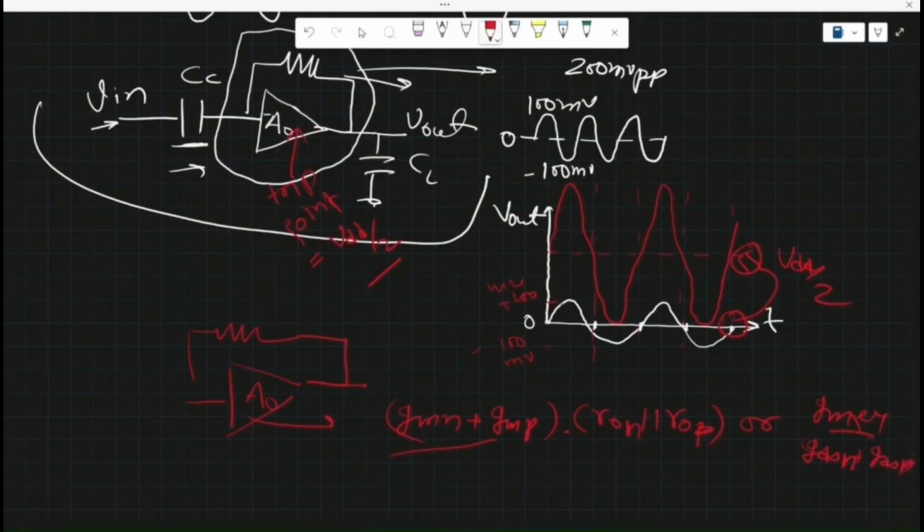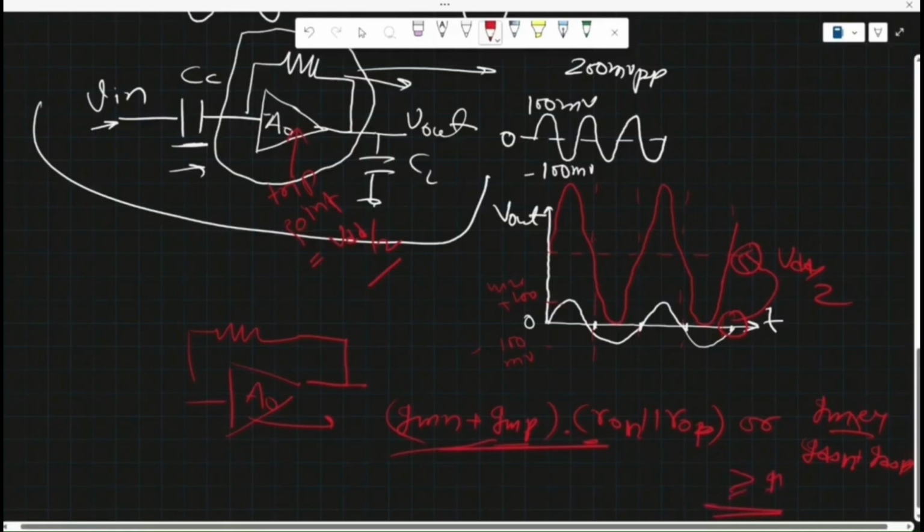So we need to make sure that this whole quantity Gm times R, or Gm over GDS, should be greater than or equal to 1. Right? So that is the criteria for the amplifier. Otherwise, the input signal will die down.